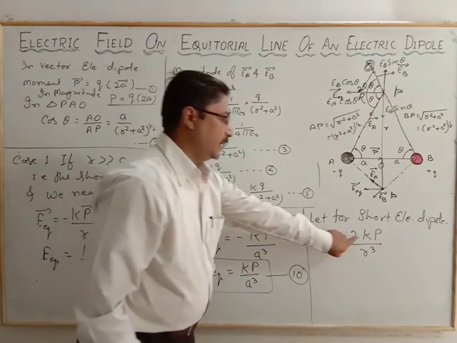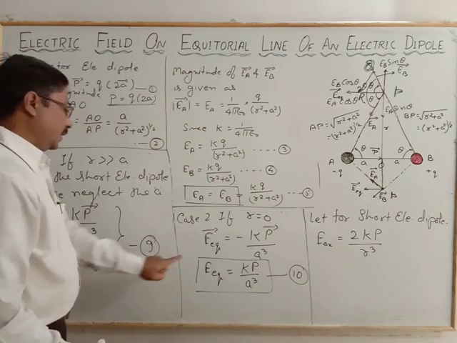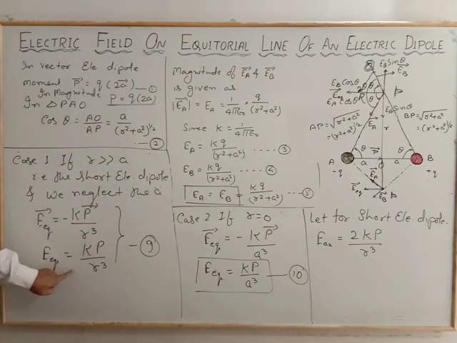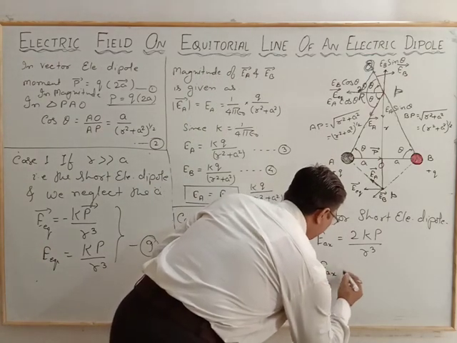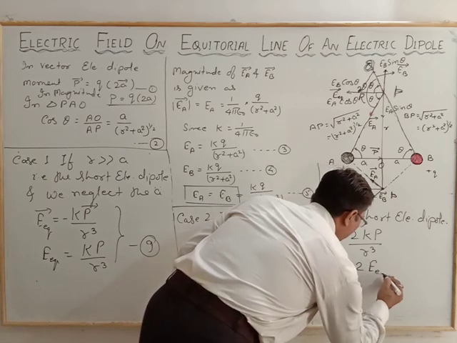Now see here, kp by r cube is equation number 9 for the equatorial. So E axial is equal to twice the E equatorial.